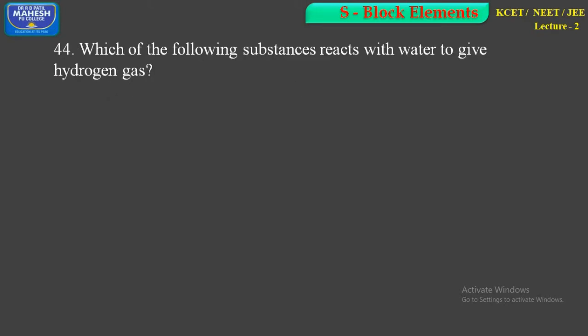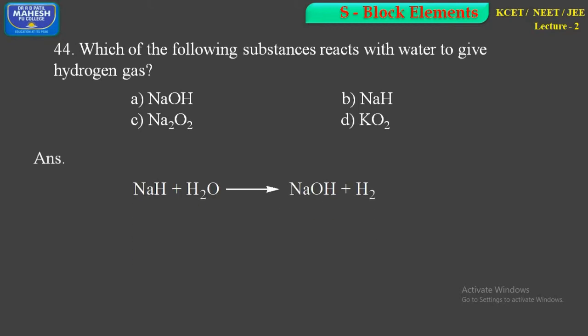Question 44. Which of the following substances reacts with water to give hydrogen gas? Options: option A, sodium hydroxide, option B, sodium hydride, option C, sodium peroxide, and option D, potassium superoxide. Students, when sodium hydride is reacted with water, we get sodium hydroxide and hydrogen.